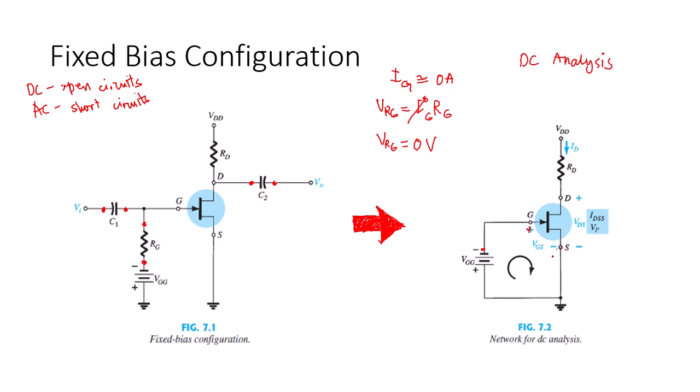So applying Kirchhoff's voltage law in the clockwise direction as indicated by the arrow, the resulting equation is, by KVL, negative VGG minus VGS is equal to 0, giving us VGS is equal to negative VGG.